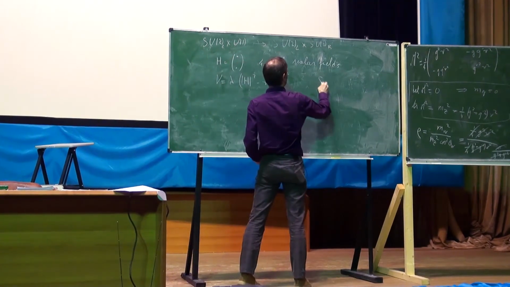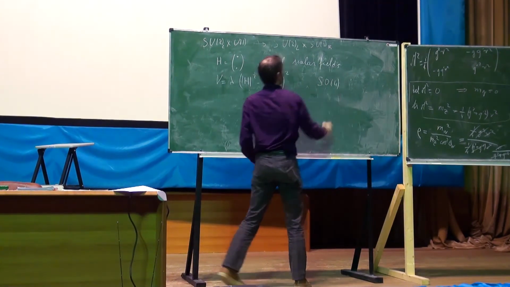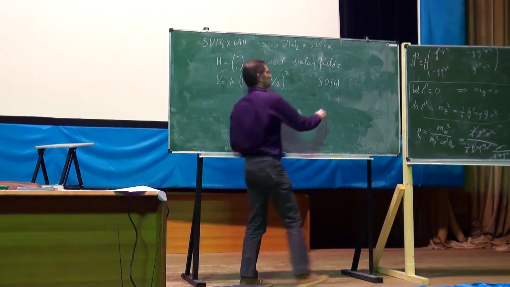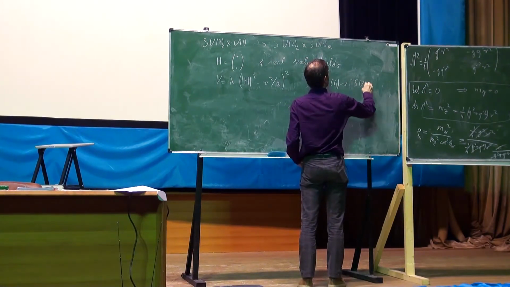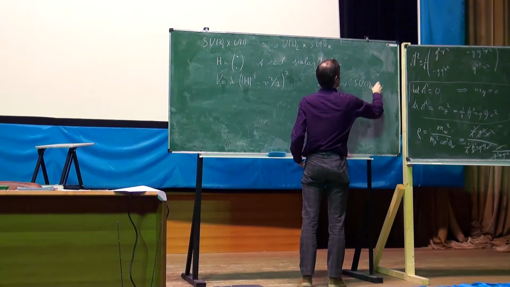So there is an SO4 symmetry. And SO4 is actually nothing else than SU2 left cross SU2 right.